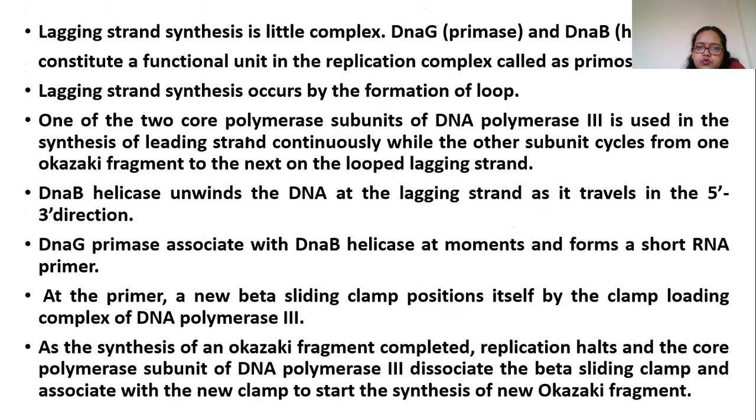And why is that loop formation required? So that replication on both strands occurs at the same rate. To keep that rate the same, lagging strand synthesis requires the formation of a loop. One of the two core polymerase subunits of DNA polymerase III is used in the synthesis of the leading strand continuously, while the other subunit cycles from one Okazaki fragment to the next on the looped lagging strand.